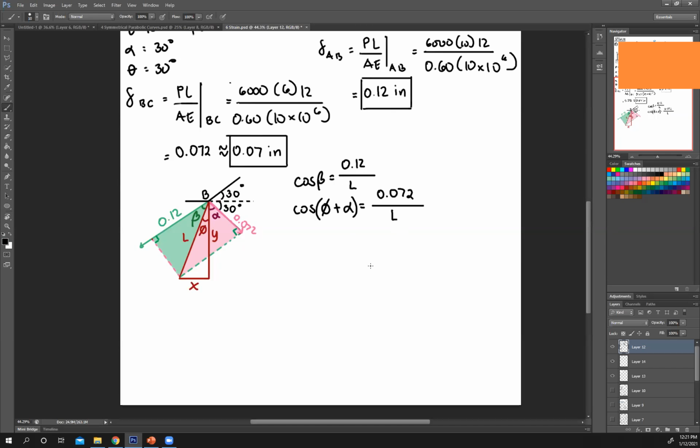Let's rename phi plus alpha in terms of beta so that we only have two equations and two unknowns.